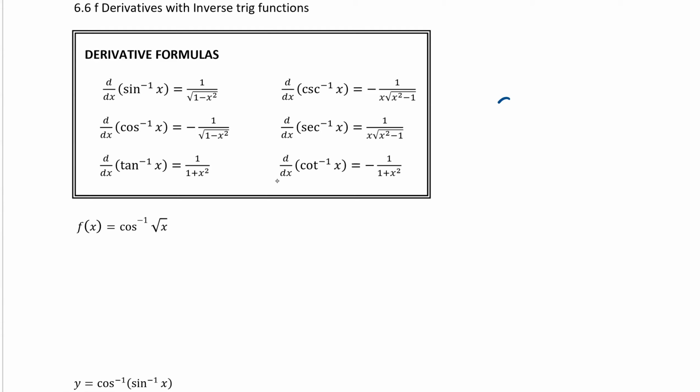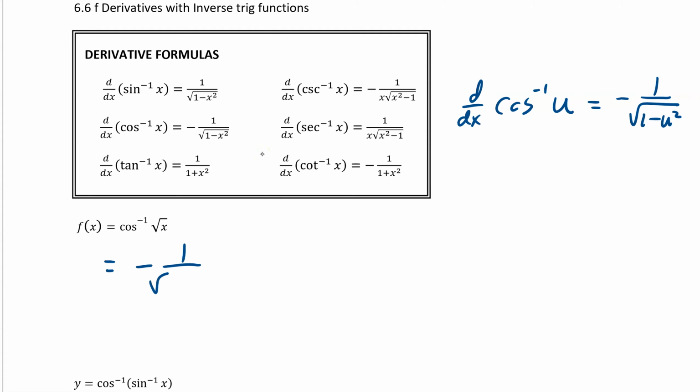So if you have inverse cosine of u, and you take the derivative, then whatever that u value is, is what you're going to replace the x with. So it just gets inputted straight into there. So this would become negative 1 over the square root of 1 minus, and then our u value here is the square root of x.